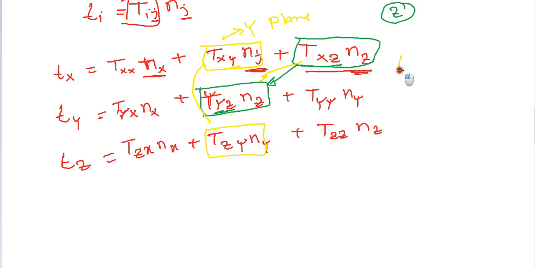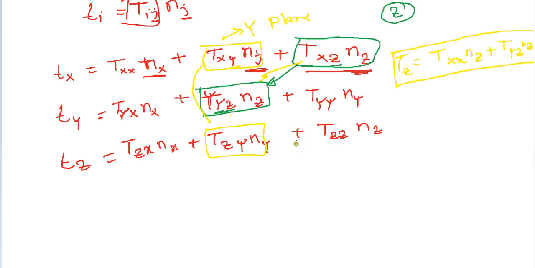On the plane z, say for example tau z, the resulting shear stress is T x z n z plus T y z n z. So this is the resulting shear stress acting on the plane z.